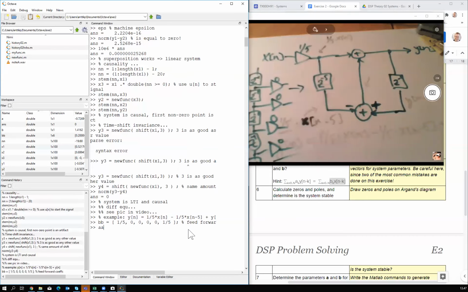And then we have the A, which is the y of n minus k coefficients. Let me do it this way. First, we have the y of n. We move this y of n minus 1 to the other side, and then the sign changes.